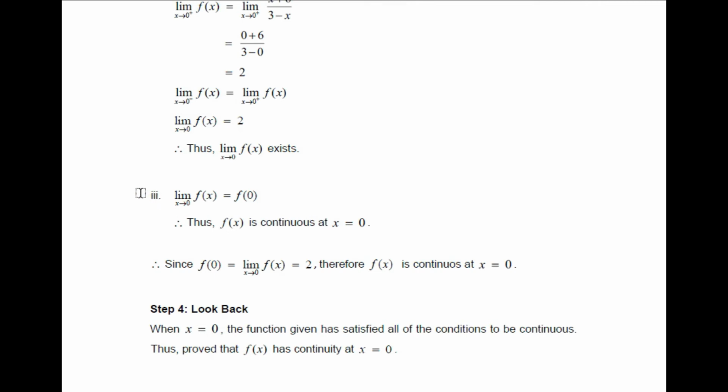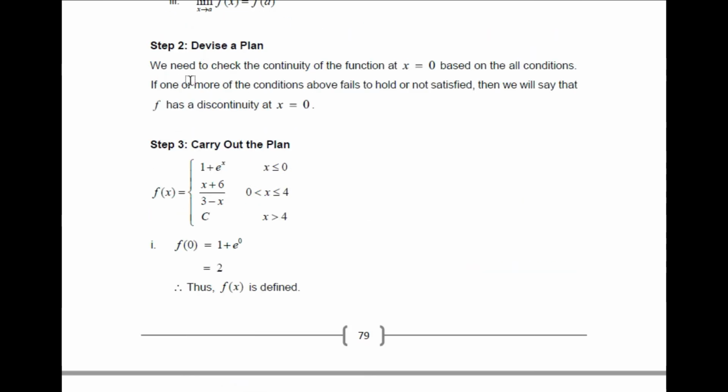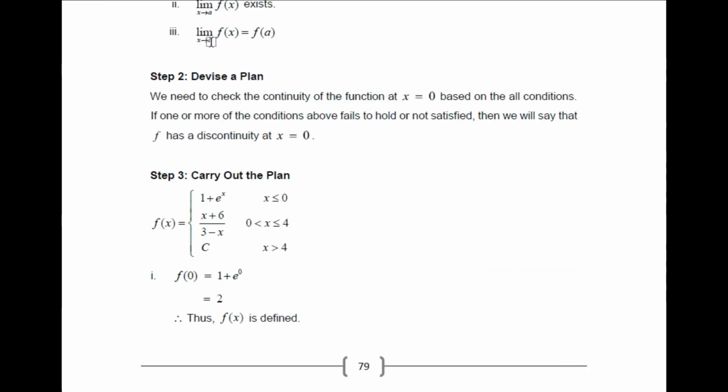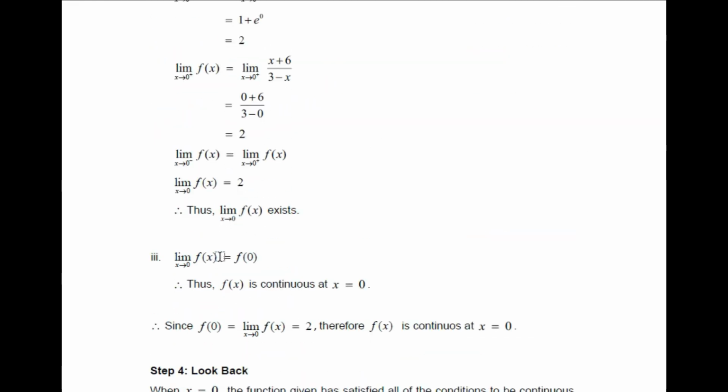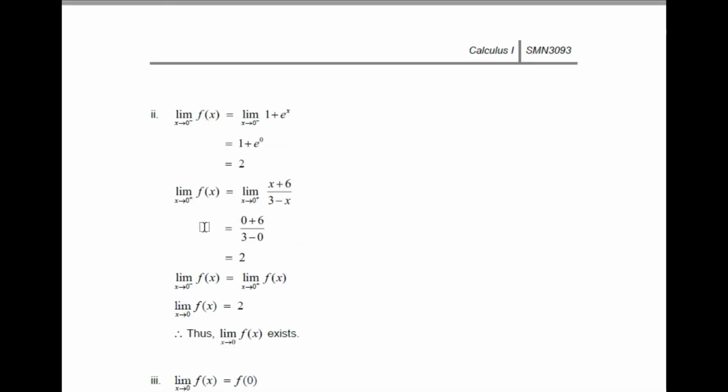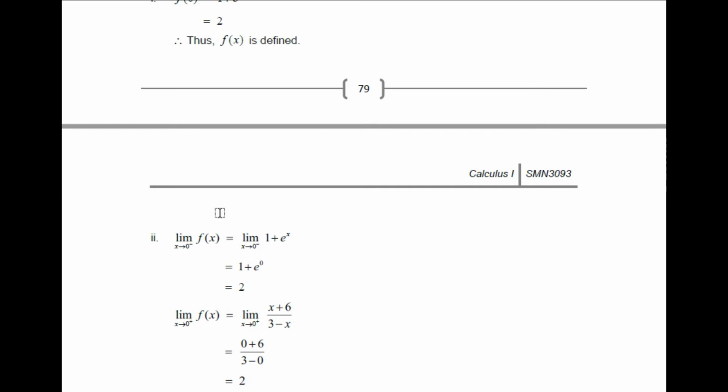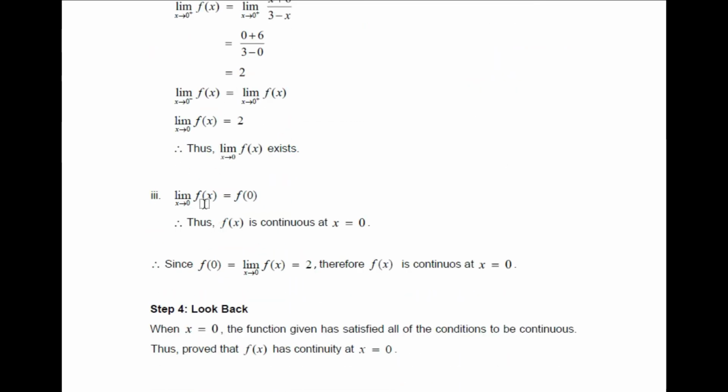Okay, we continue with the third condition, where the limit of f(x) as x approaches a is equal to f(a). So from condition 2 and condition 1, we know that the limit of the function as x approaches 0 is equal to f(0). Thus, f(x) is continuous at x equals 0, since f(0) equals the limit of f(x) as x approaches 0.